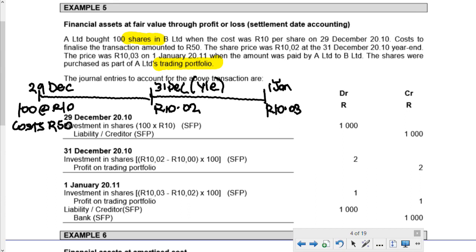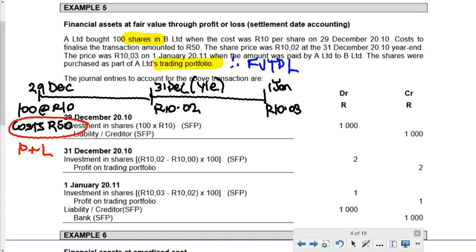So it's not OCI, right? It's fair value P&L. So therefore, fair value through P&L. When it's fair value through P&L, these initial costs must be written off to P&L, isn't it? That's the rule. So we look at the journals.